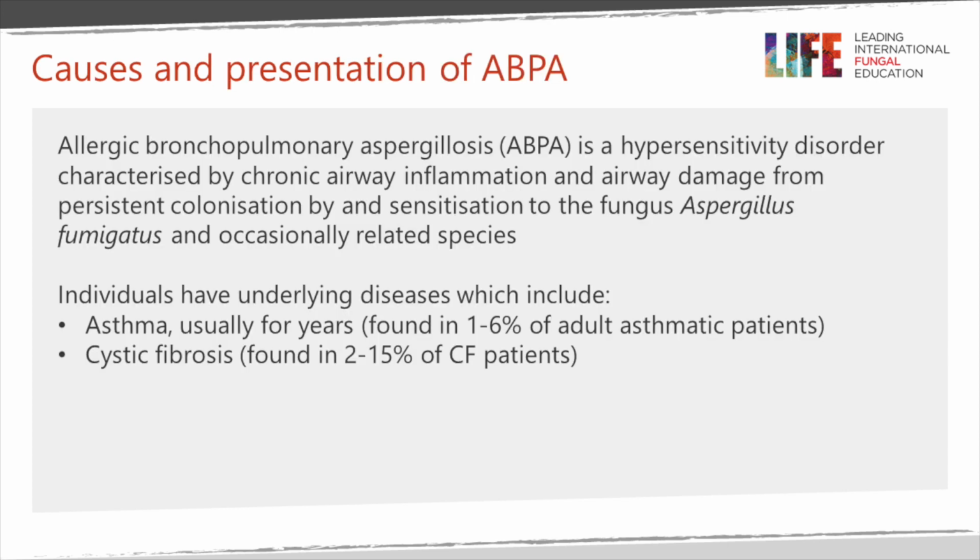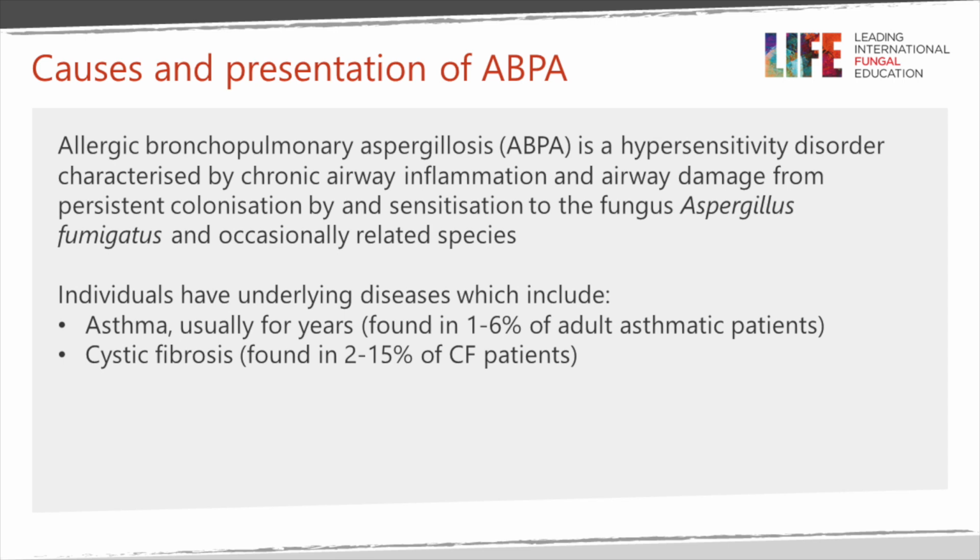Unlike several of the other varieties of Aspergillus, allergic bronchopulmonary aspergillosis is predominantly due to a reaction of the patient, the host, against the Aspergillus. There's colonization, and then the sensitization causes a very abnormal sort of mucus, which then leads on to the rest of the features.